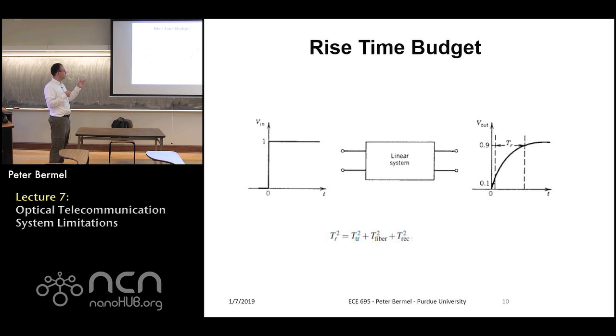That's what we call T sub TR. That's a time constant that's built into the transmitter. And then the second term here, T fiber, is the rise time associated with the fiber. So once you send light into the system, how long does it take to reach a steady state? Of course the quality factor in principle should not be that high, but it can take a non-zero amount of time. So you do have to include that.